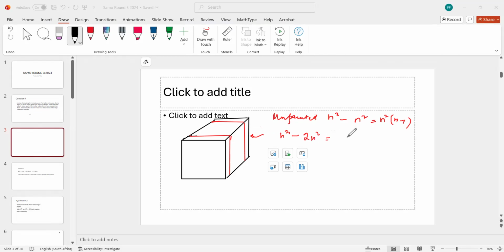So there are two n squared faces which are painted. If you remove them, you'll get the number of unpainted cubes.